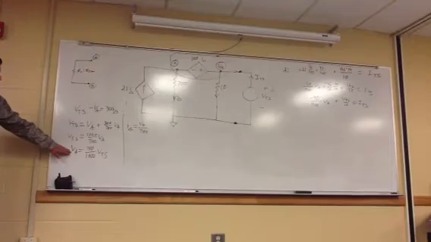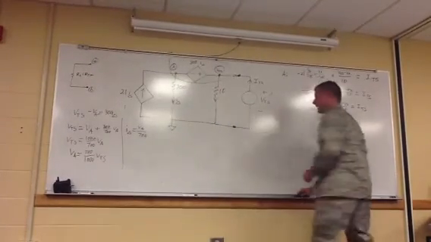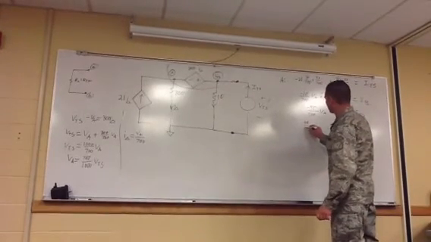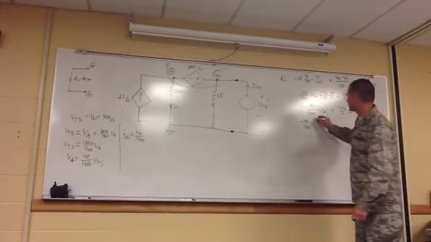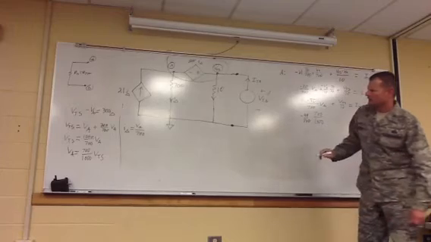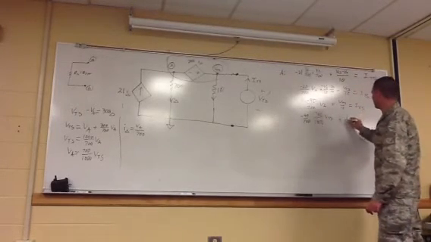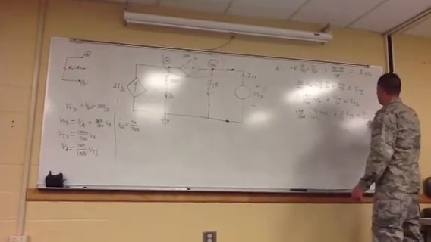So now I've got VA in terms of VTS. I can plug it back in over here. So I've got minus 90 over 700 times VA, which is going to equal 700 over 1,000 times VTS, plus 1 over 10 times VTS is going to equal ITS.